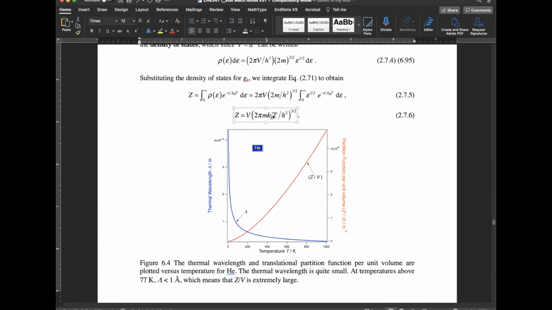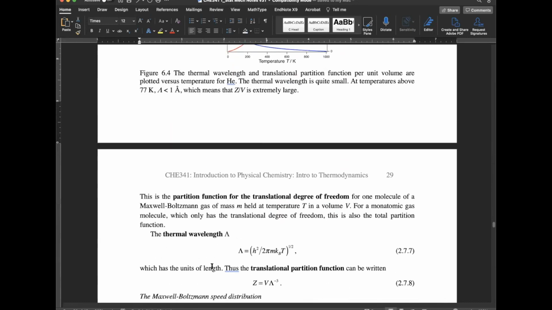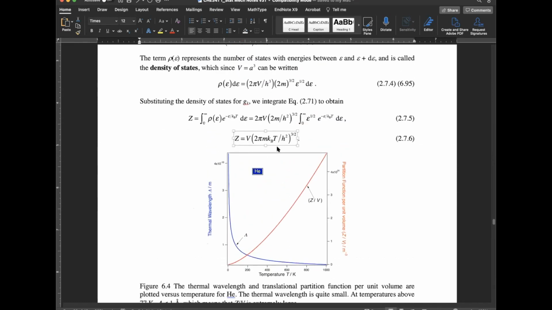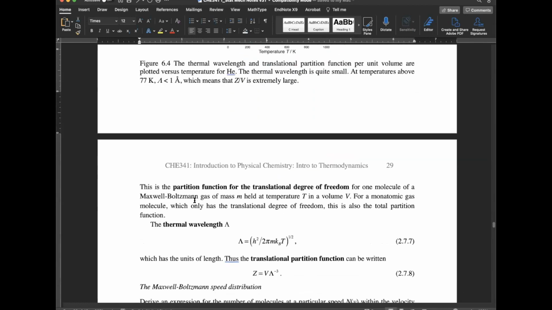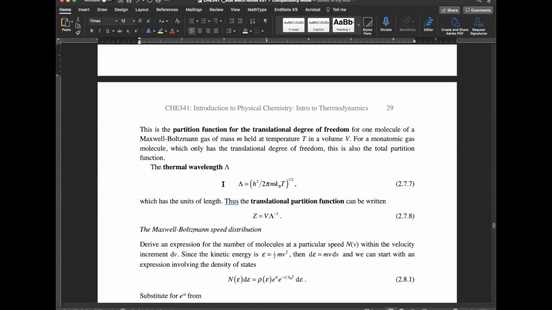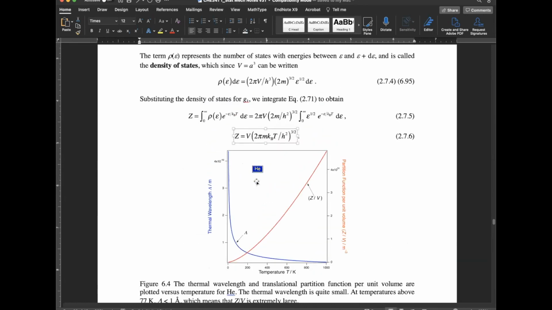And this term over here, right? This h bar squared over 2 pi m kB T to the 1/2, we call that the thermal wavelength. That term, right? If we cube it, it has to have units of inverse volume. If we have the non-cube version, oh, it's a length, right? Look at that length.